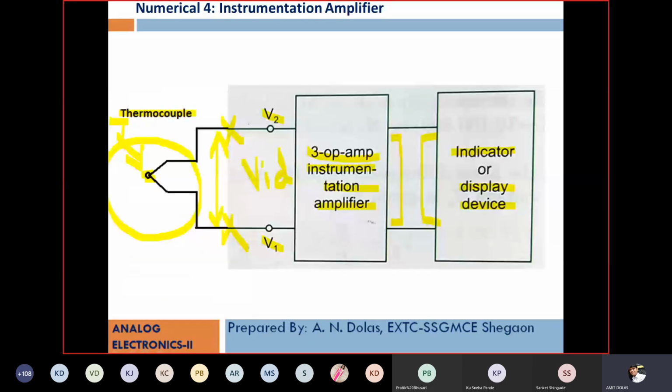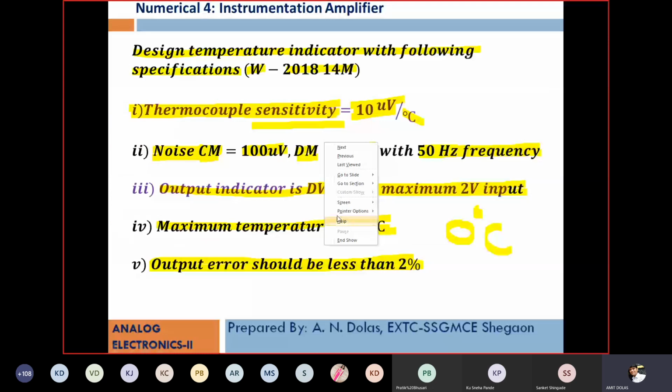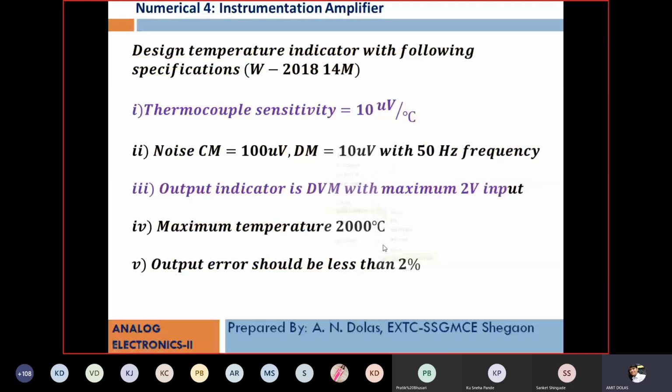Coming back to the problem statement again. Here thermocouple sensitivity is given. We use this for calculating VID at maximum temperature 2000 degree centigrade.